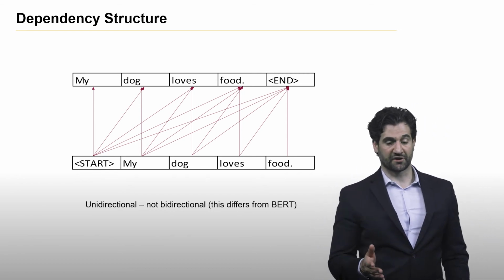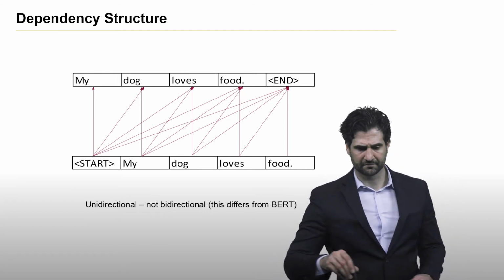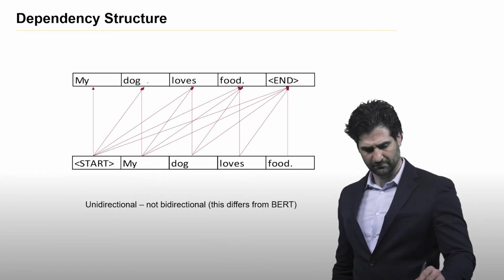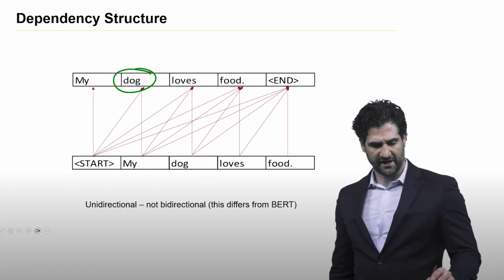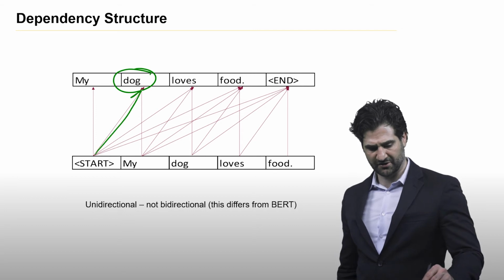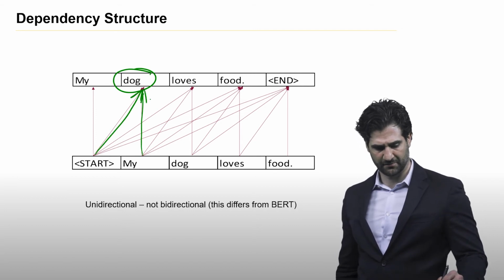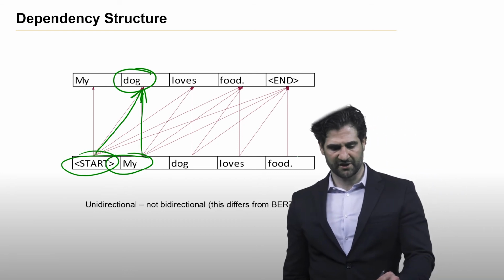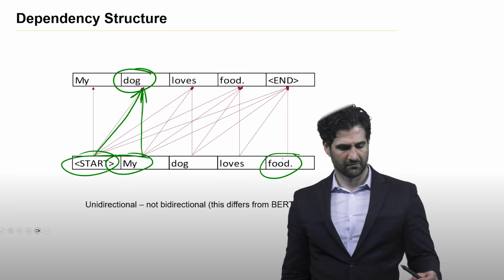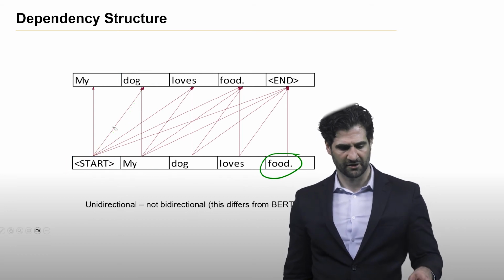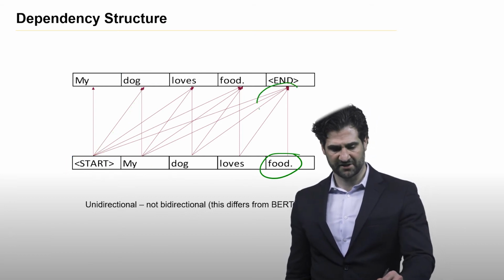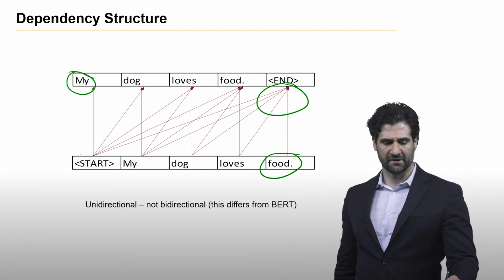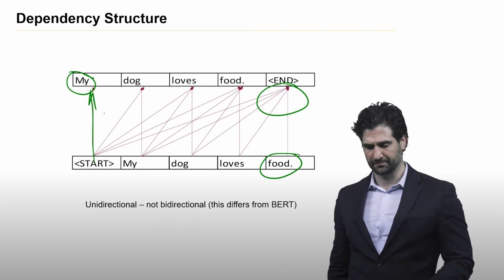So we see that, for example, with dog, we have a dependency coming from both the start token and the my token. By the time we get all the way to food, we have dependencies coming from everything else. Whereas when you look earlier on, my only stems from the start token.